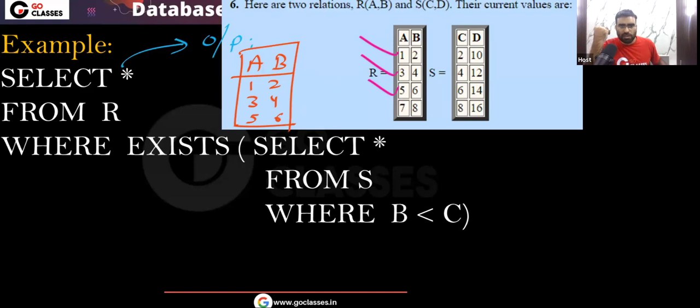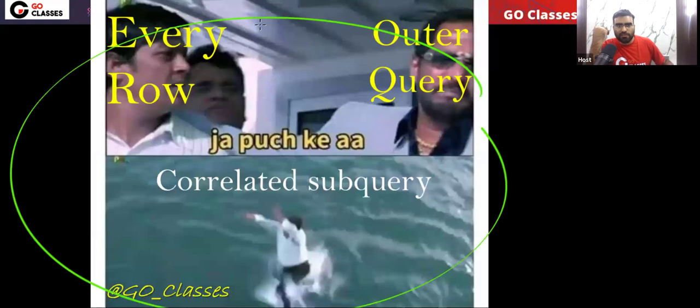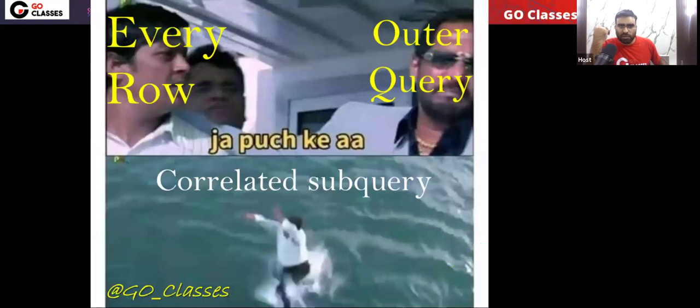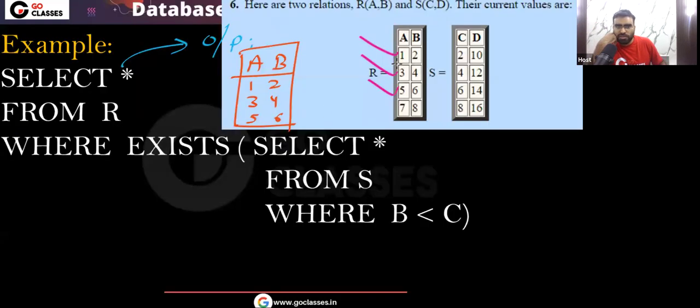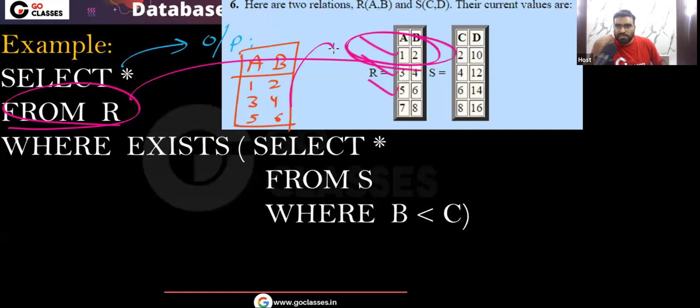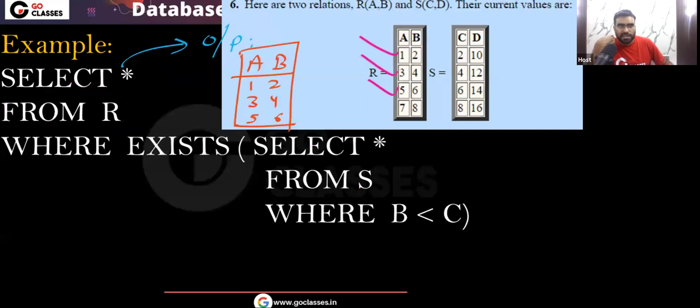Correct or not? So you can see this meme I've created for the correlated query. Basically, did you notice what we are doing? This outer query is sending every tuple inside. It is taking this tuple and sending it inside, then this tuple, then this tuple. Yes or no?